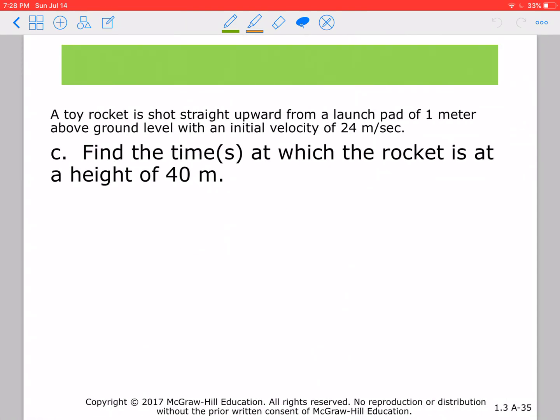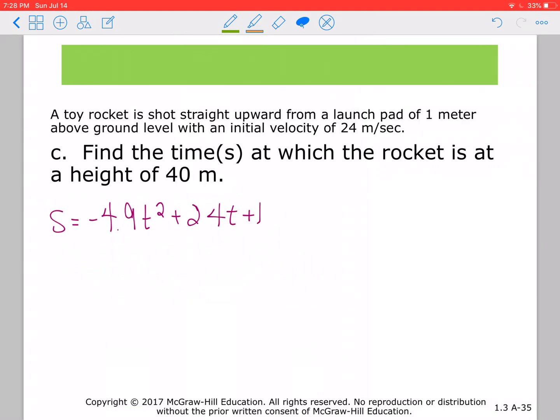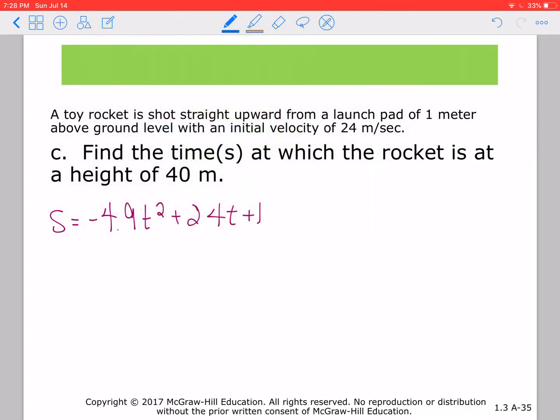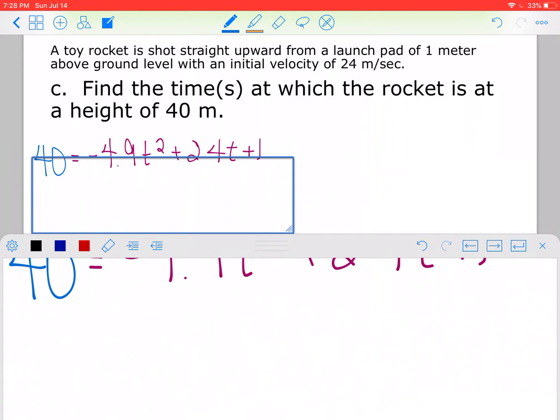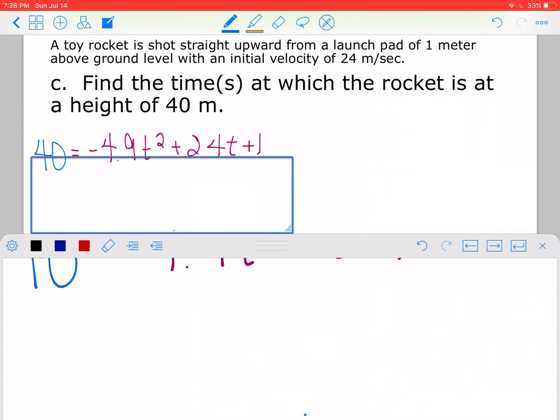And the last part here asks us to find the time where the rocket is at 40 feet. Okay? So yeah, we're doing some of the same stuff here, but you're going to see that there's a reason for us to do this problem. So when we subtract 40 and then multiply by negative 1, I'm not going to go through all the steps, I've already done it once.